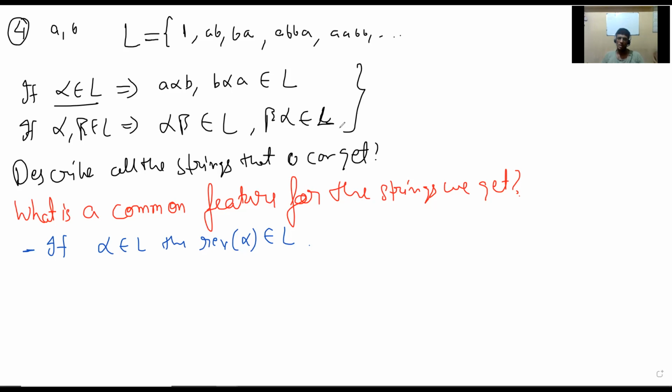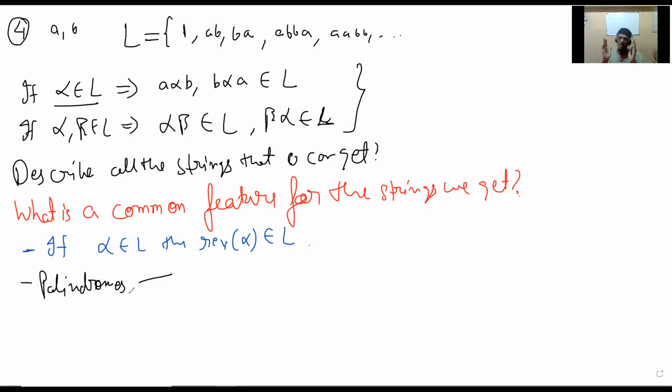Sometimes they are palindromes, right? So what kind of palindromes are you going to get? What kind of palindromes can you not get? A palindrome is something that when you read from left to right or from right to left, it's exactly the same.